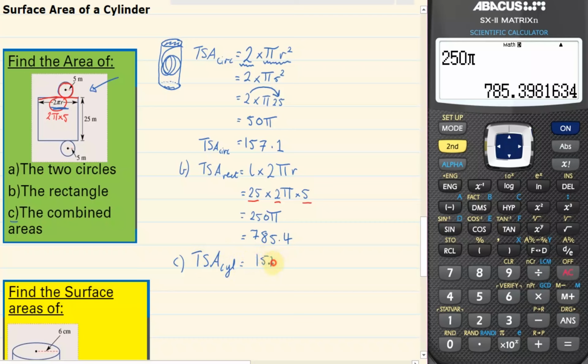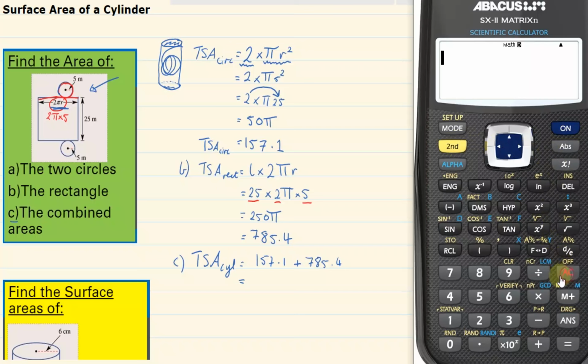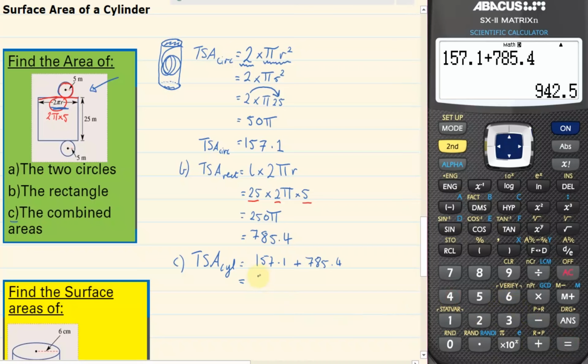And we get 157.1 plus 785.4. So 157.1 plus 785.4, and we get a total surface area of 942.5.